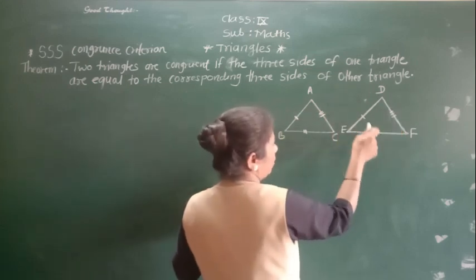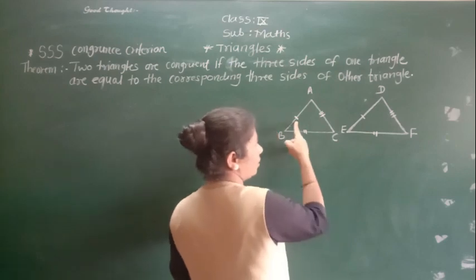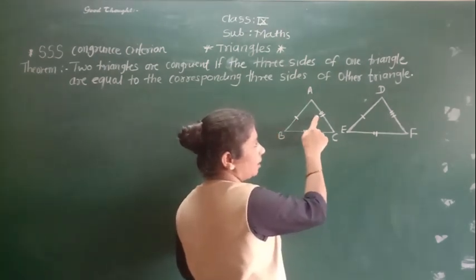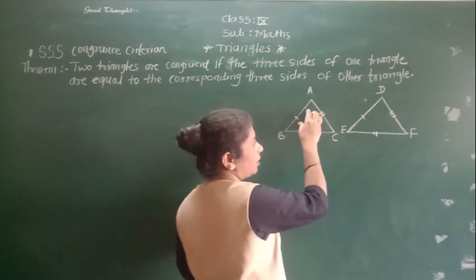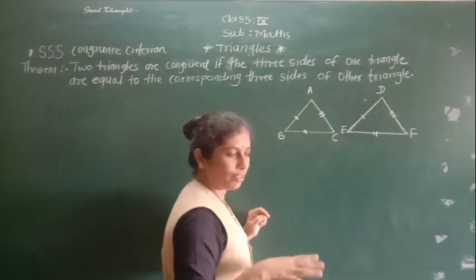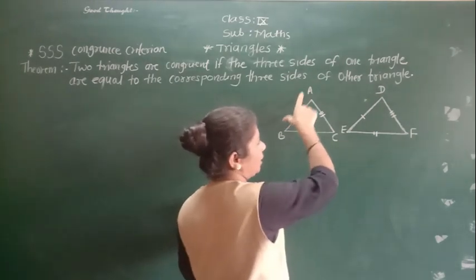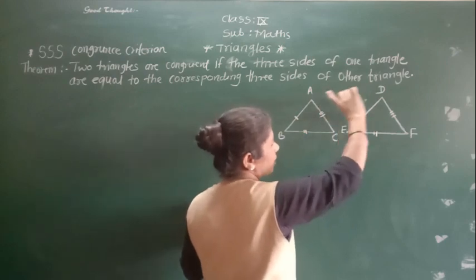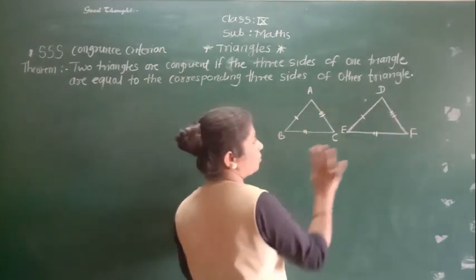These three different signs are there: a single line, a double line, and three lines. It means that the measurement of each side is different, but the measurement of this side is exactly equal to this side, meaning AB equals DE, AC equals DF and BC equals EF.